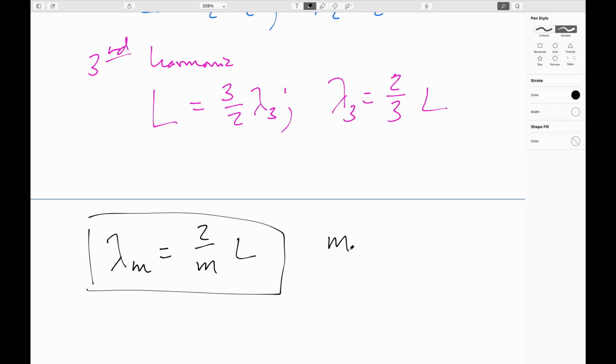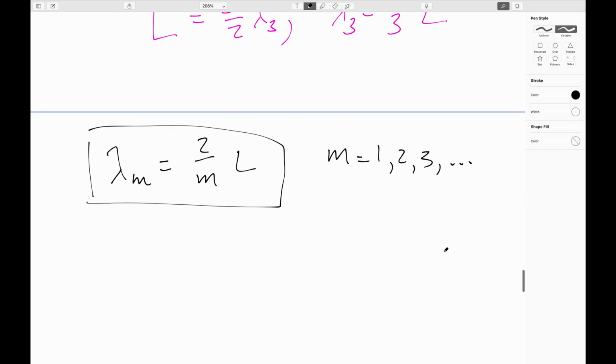This is just literally just an integer. 1, 2, 3, whatever. So the idea is if you want the first harmonic, you'll put a 1 here, that's the wavelength of the first harmonic. If you want the 17th harmonic, you put a 17 here, so lambda 17. That would be 2/17 L, the wavelength of the 17th harmonic, and so forth.